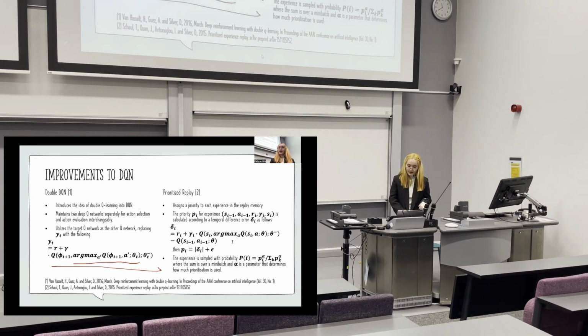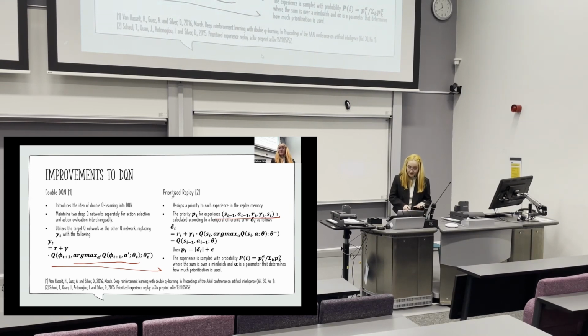On the right side, there is the prioritized replay method, which assigns a priority to each experience in the replay memory. By an experience, we mean one piece of data containing the current state, which is this part, the action, the received reward, and the next state as shown in this expression.